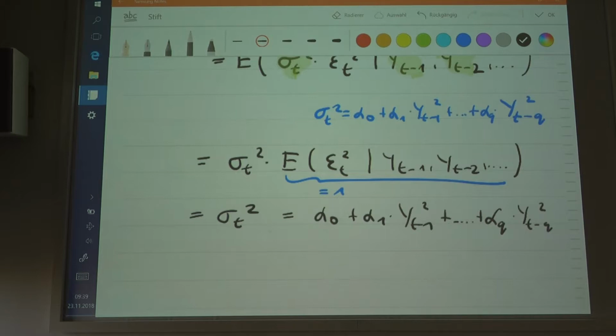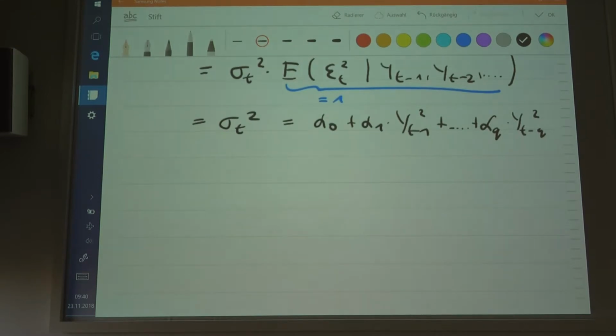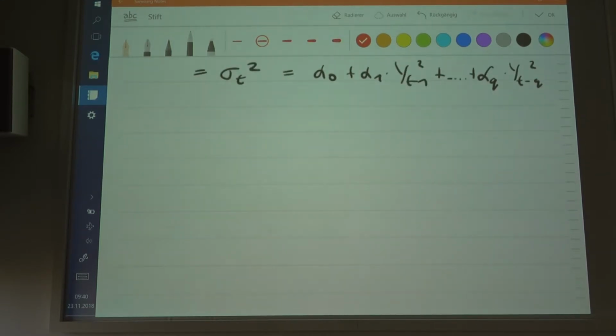So that's going to be the first property. Now the second property is that we will look at when this process is stationary.